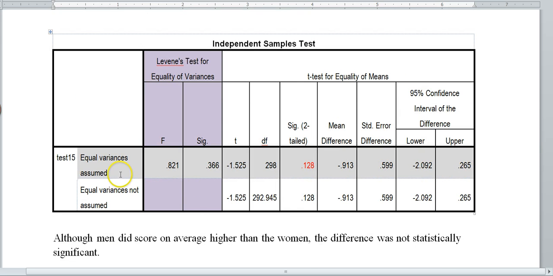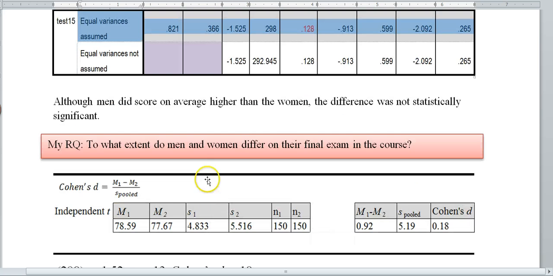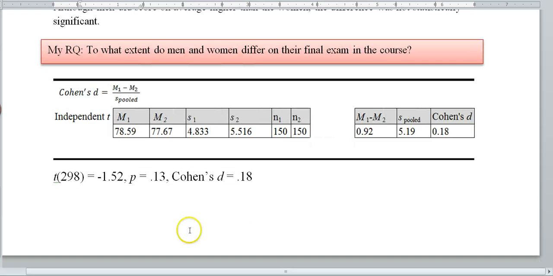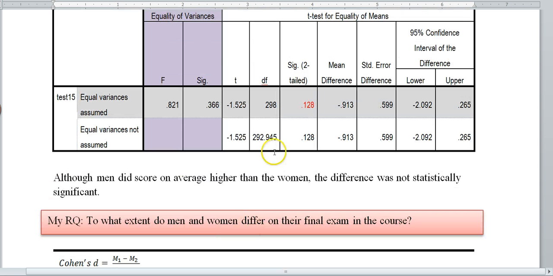Now remember, only because we could assume that the variances were equal because we did not reject the Levene's, then we can stay on this row. If instead this value had been less than 0.05 for the Levene's test, then we would have had to use this row. Well, why does that matter? Because here we have 298, which is the degrees of freedom for this row.